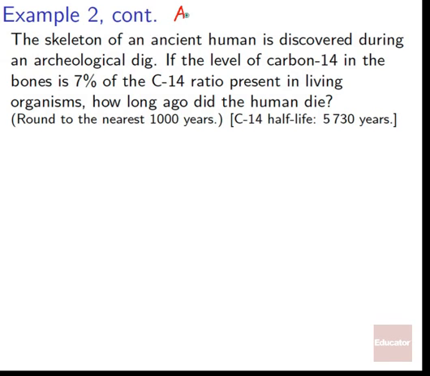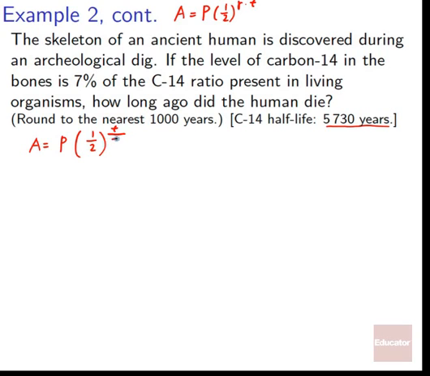The general formula for half-life is the amount that we originally start with times 1/2 to the rate times time. Now in this case, the rate is going to be based on this 5,730 years. So our amount is going to be equal to P, whatever our original amount of carbon-14, times 1/2 to the power, and we want a half to occur every 5,730 years.